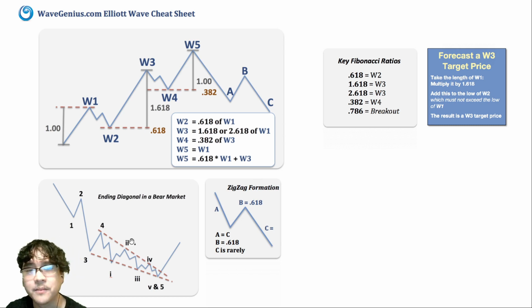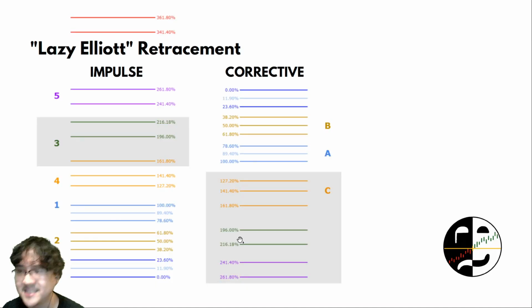So, from this cheat sheet that I found on the internet, I came up with my own interpretation of an Elliott wave using just one retracement, and here it is. This is the lazy Elliott retracement. So it has two parts. We have an impulse and a corrective, if you remember what the slide looked like in the previous slides.